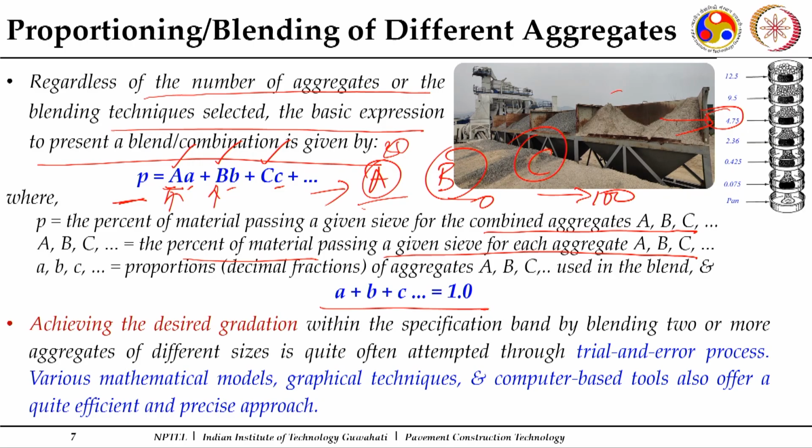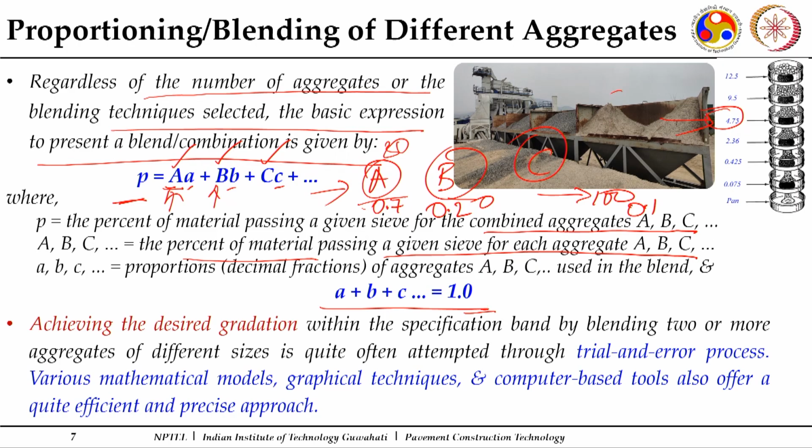So, I can randomly put up a combination where this can be 0.7, this can be 0.2 and this can be 0.1. That means 70% share is coming from A, 20% share is coming from B and 10% share is coming from C. So, this is expressed in fractions. Now, this together has to be 1 because it has to be 100%.